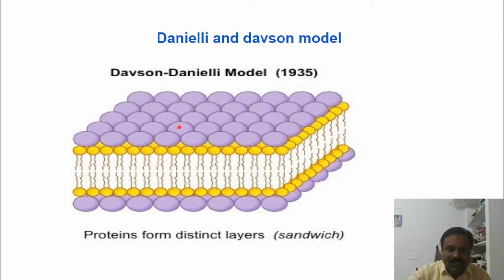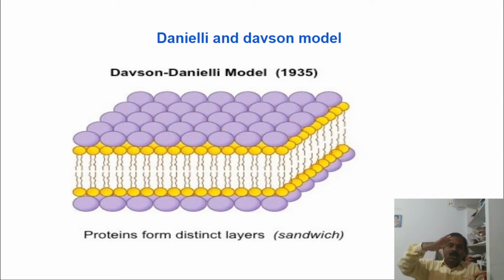So this is one layer, this is one layer, and this is one layer. So here three layers are present, so it is also called the trilamellar model. Lamellae means layers, so three layers are present.